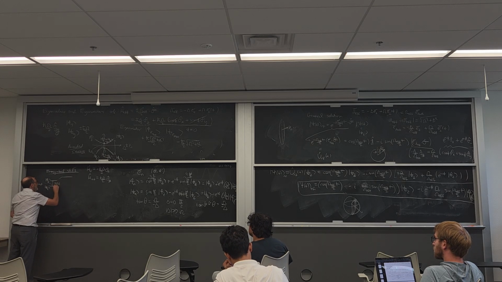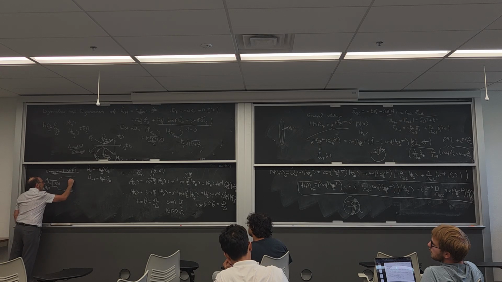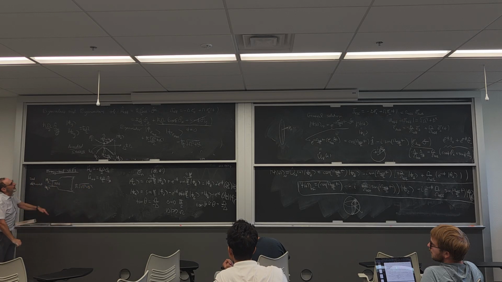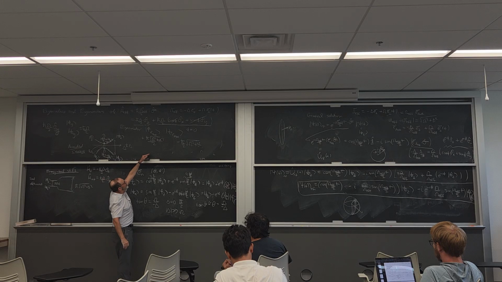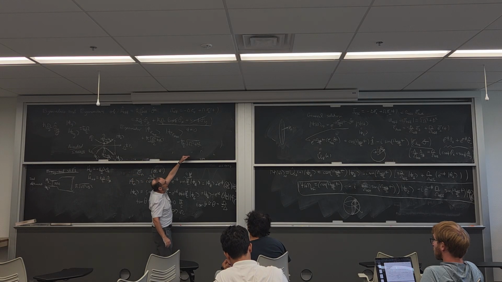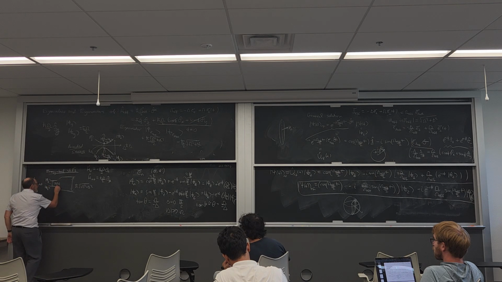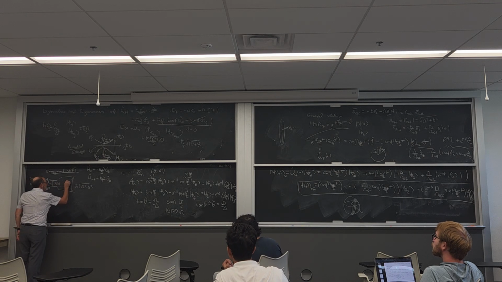What I get is a splitting here, which is that. One goes up by this amount, and then it goes down by this amount. Okay? So I have a shift in the energy.